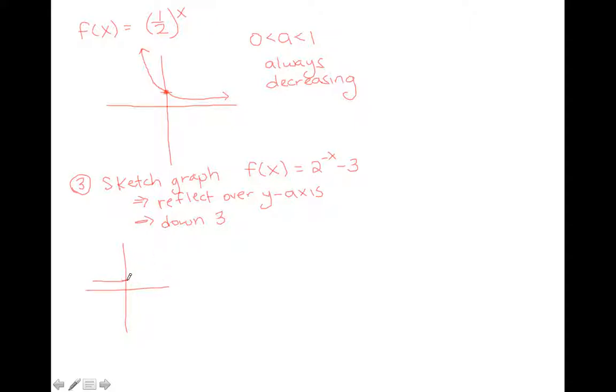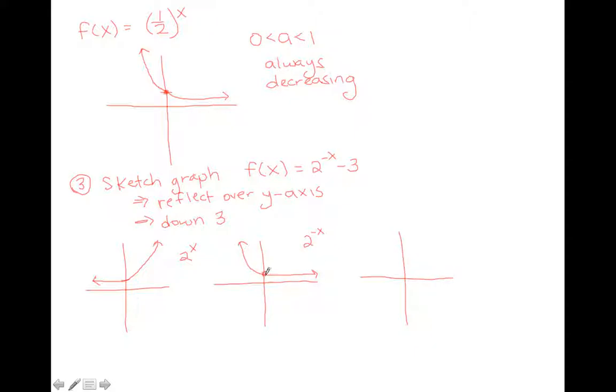So this graph is 2 to the x, the first one that we graphed. And then if I reflect that over the y-axis, now it will be decreasing instead of increasing. So that is 2 to the negative x. And then from there, using that one, I can shift down 3 units.